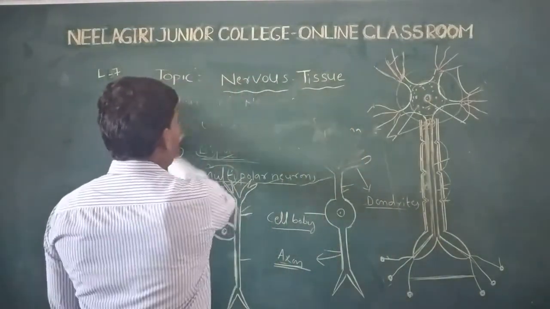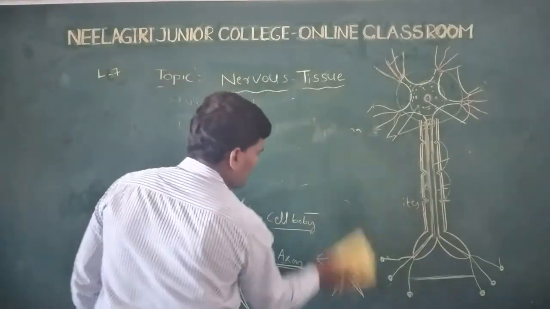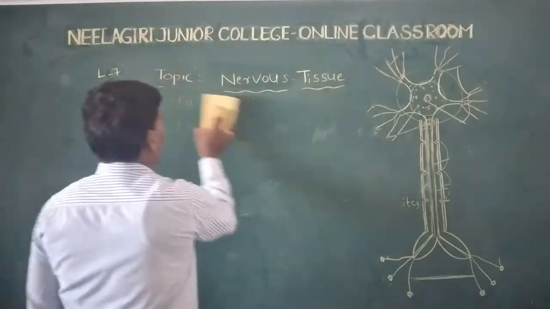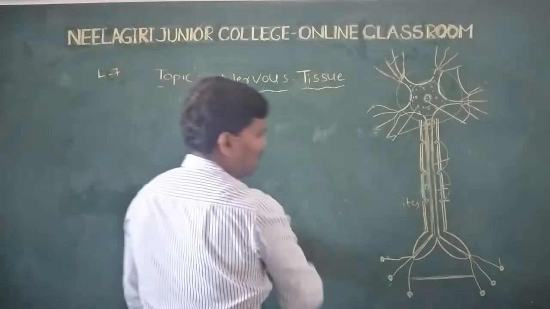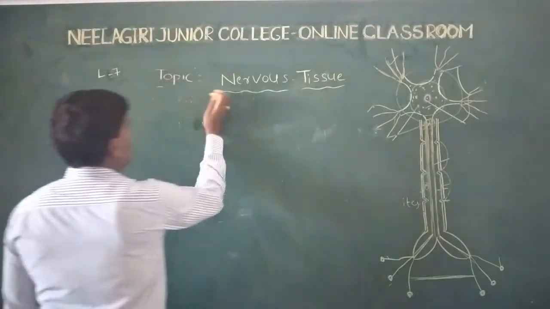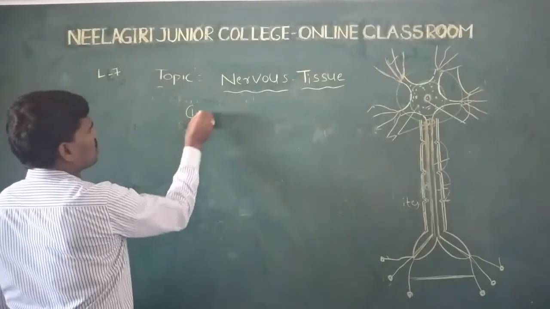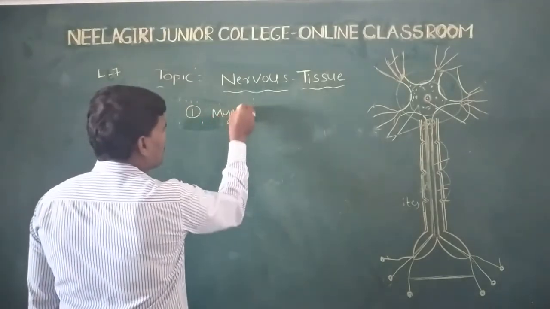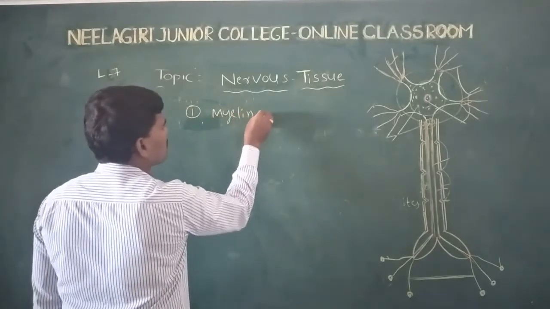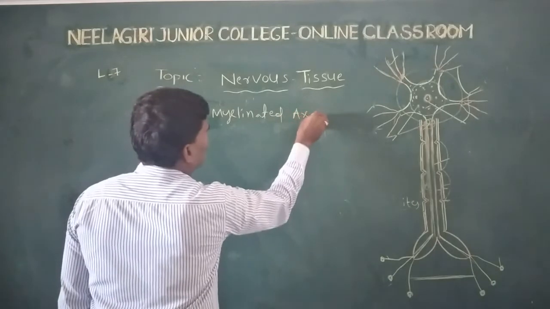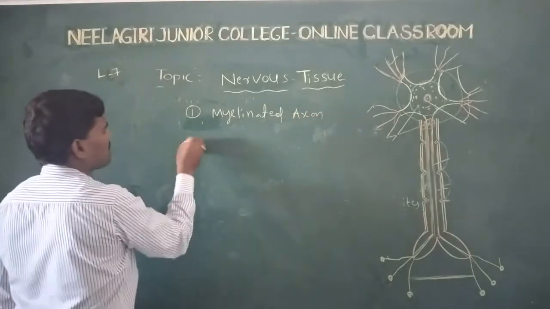Next, types of axons. Types of axons are based on whether the myelin sheath is present or not. There are two types: first is the myelinated axon, second is the non-myelinated axon.